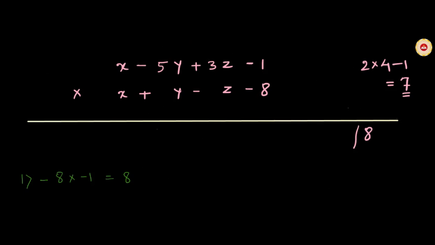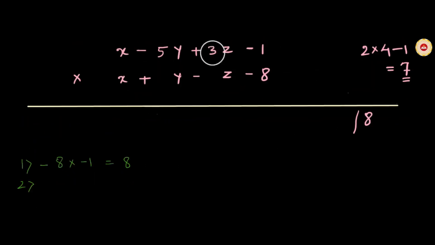Step number 2. What is step number 2? Join this second column to the first column. Now there are 2 columns. And how do we multiply the terms in 2 columns? Crosswise.